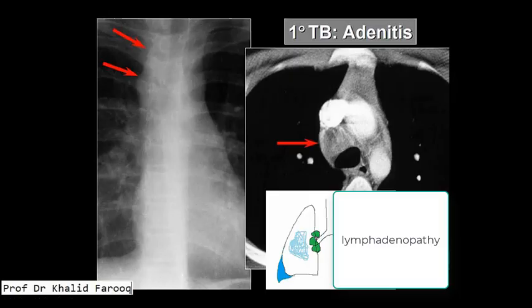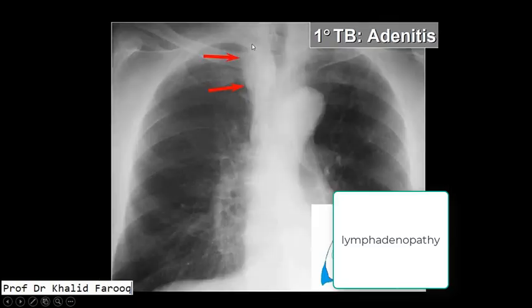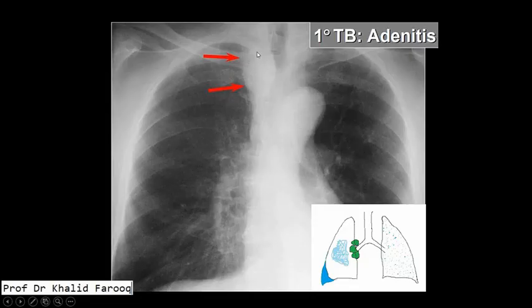In this slide we can see right paratracheal lymphadenopathy in chest X-ray, while on CT we can see pretracheal lymphadenopathy marked with red arrow. In this X-ray again there is prominent right paratracheal lymphadenopathy causing mild mass effect on adjacent right side of the mid portion of trachea.